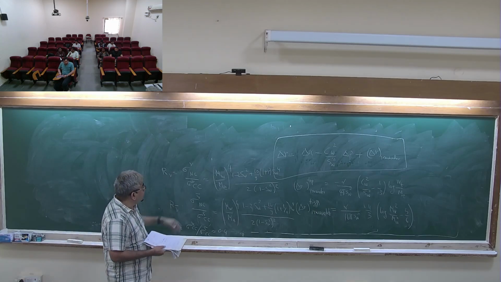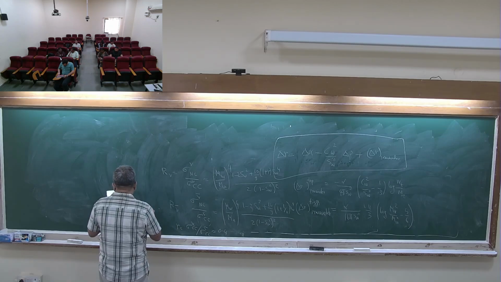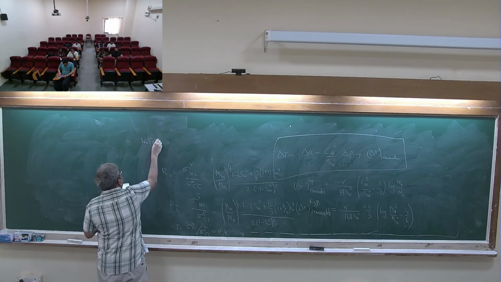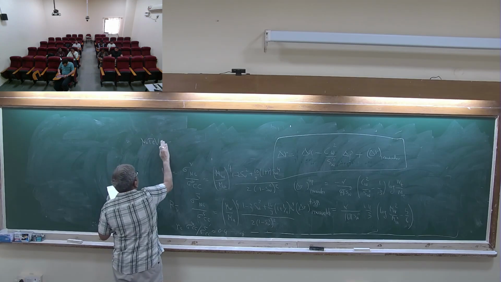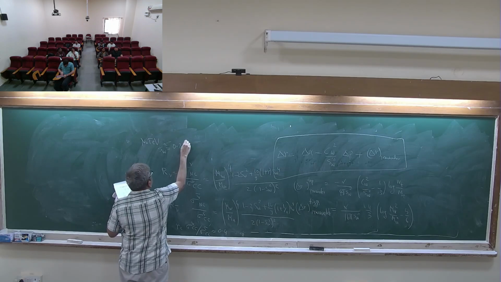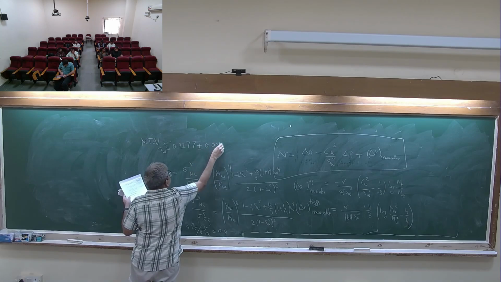So these experiments give you sin square theta W equal to 0.2277 plus minus 0.0016.